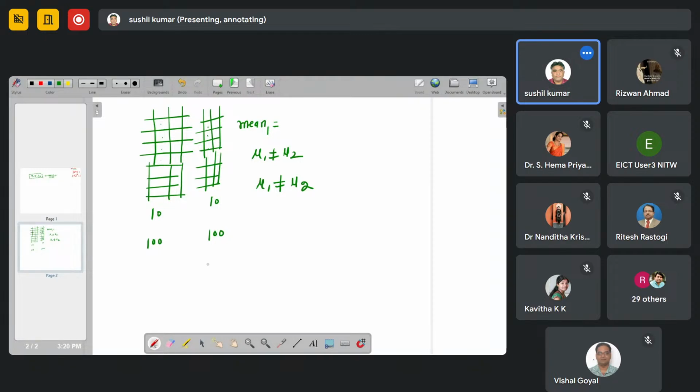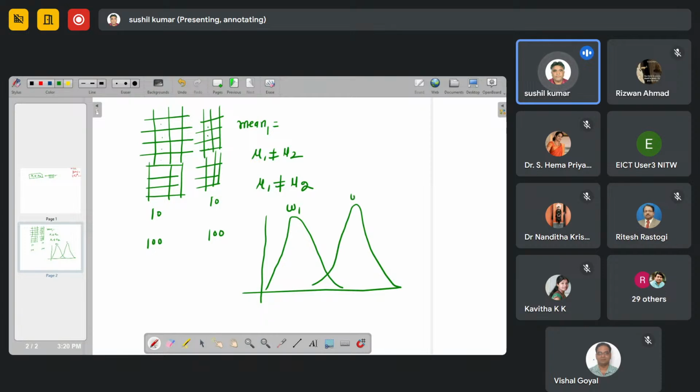So this is the graph here. Suppose you have a class omega 1 and a class omega 2. This portion is the error, and this is the probability we are calculating for x on omega, and this is the x value.